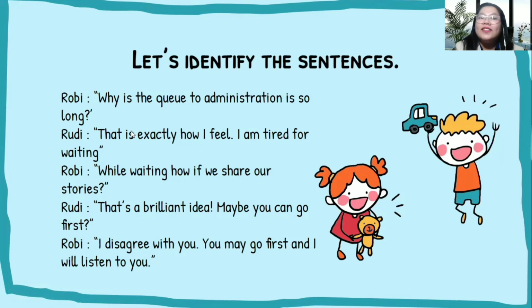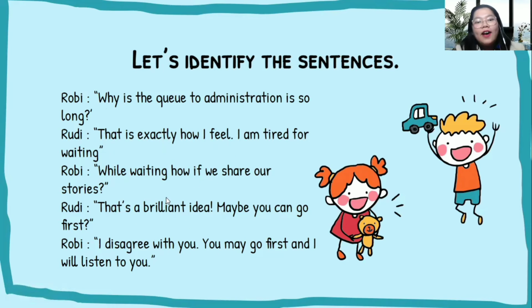Okay, let's count it together. The first one, "Why is the queue to administration so long?" "That is exactly how I feel." This is the first expression. Rudy agreed with Robbie that the queue to administration is so long. So this is the expression of agreement. And then, "While waiting, how about we share our stories?"